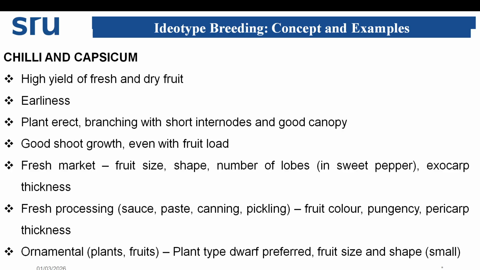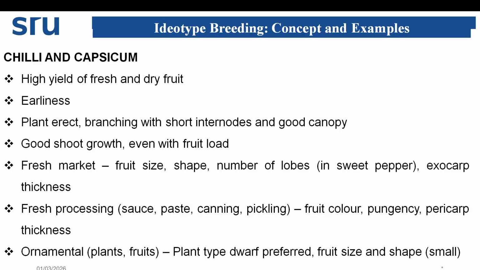Even if more number of fruits are there, the shoot growth should be good. Fresh market fruit size, shape, number of lobes in sweet pepper, exocarp thickness. Fresh processing for sauce, paste, canning, pickling.